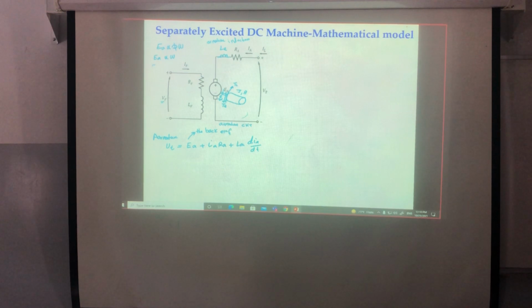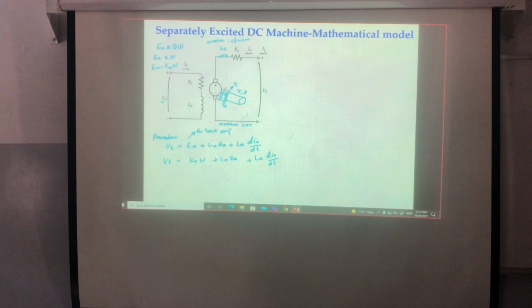In general I can write EA equals a certain constant KA multiplied by omega. So now VT equals KA omega plus IA RA plus LA dIA by dt.